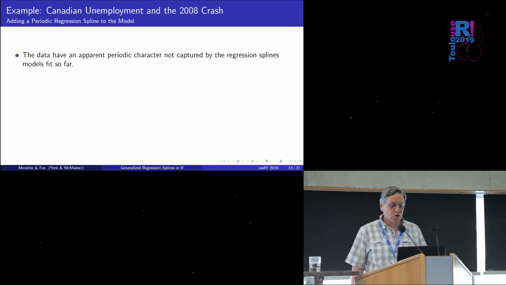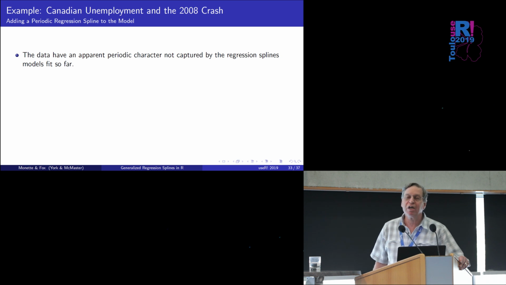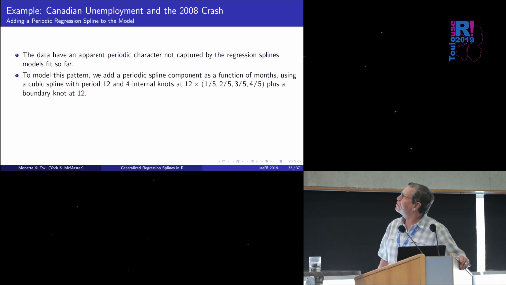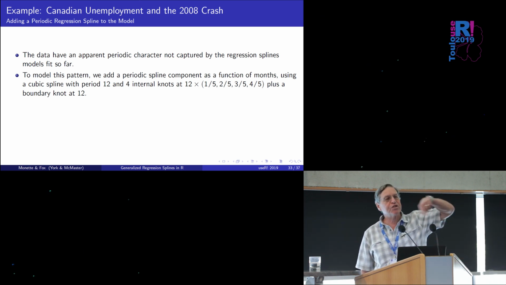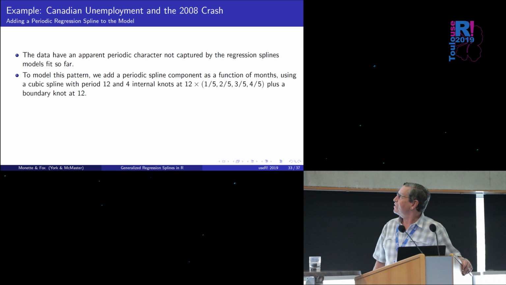Okay. Now, the data also have a periodic character, which we've not yet captured. And it's possible to define what we call periodic splines, which essentially wrap around at a boundary knot, allowing continuity at both ends.